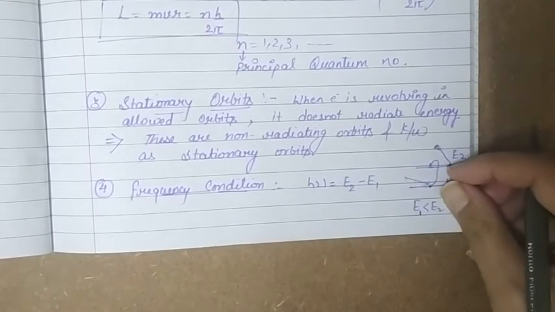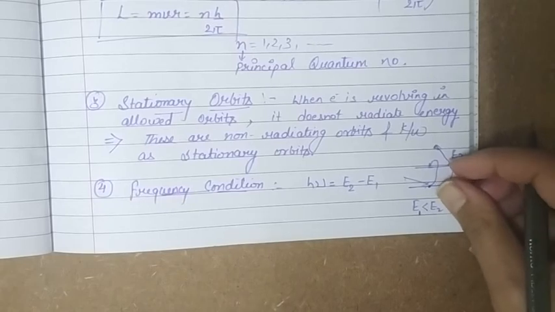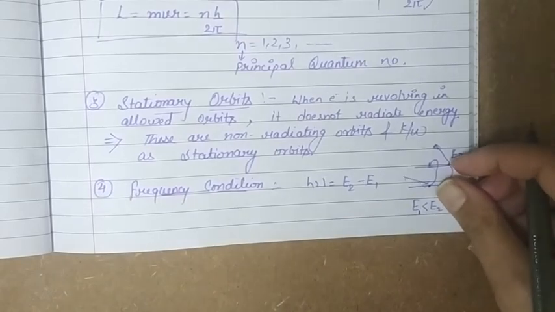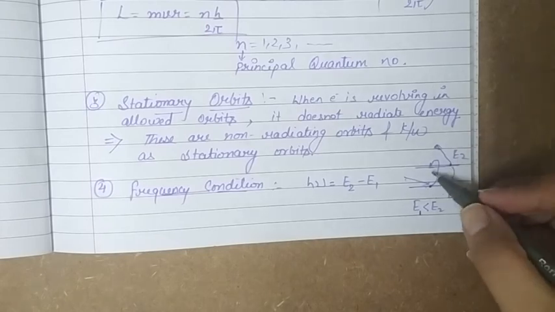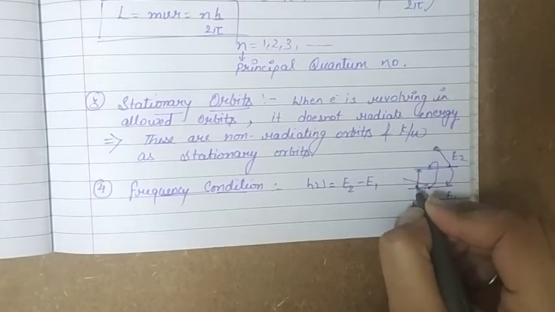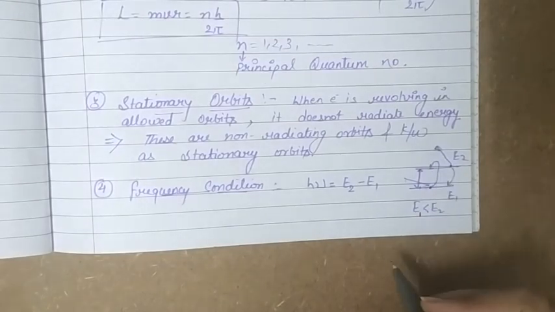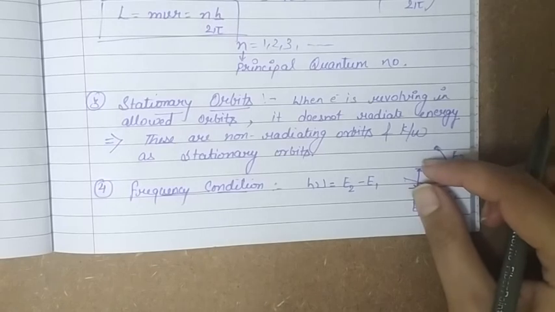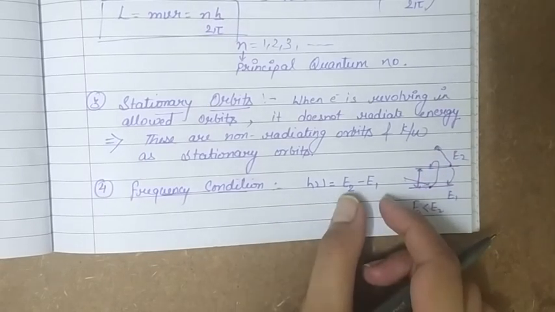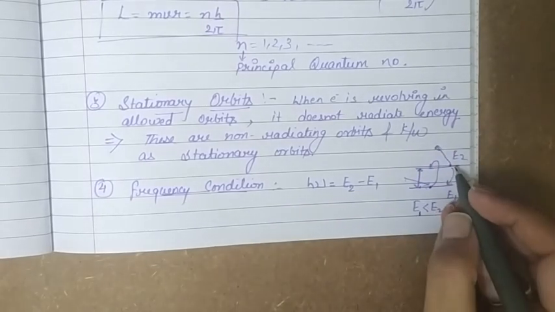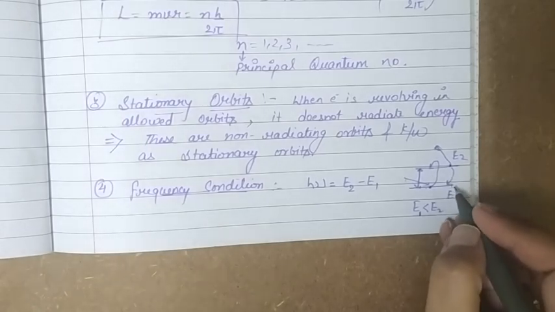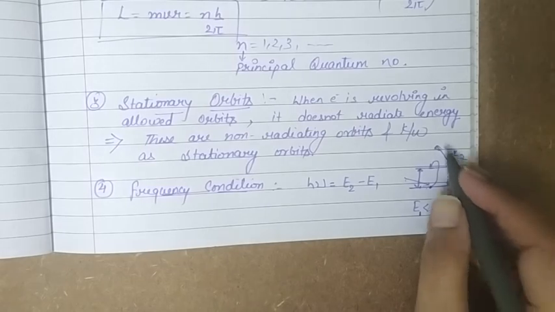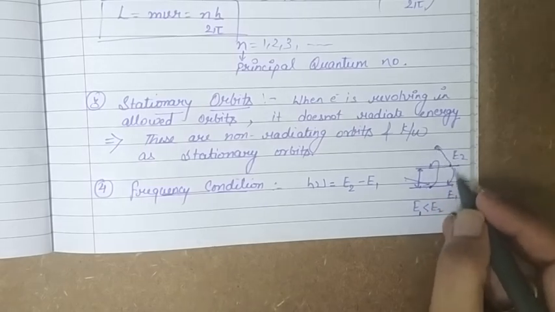This is the energy given out by the electron when it jumps down. When the electron has to jump up, it needs this much energy to go to the energy level E2, so there should be a photon of this much energy. That means h nu should be equal to E2 minus E1, and if the electron wants to jump to a lower level, it will emit a photon of this energy difference.